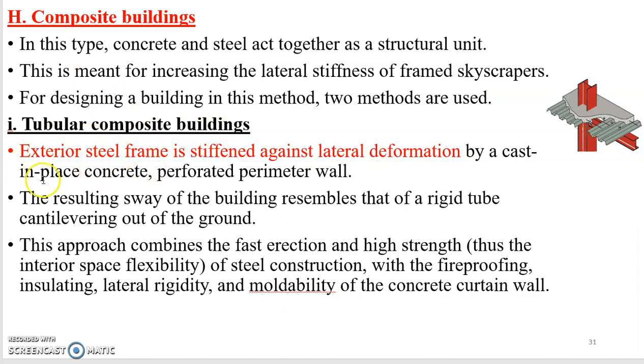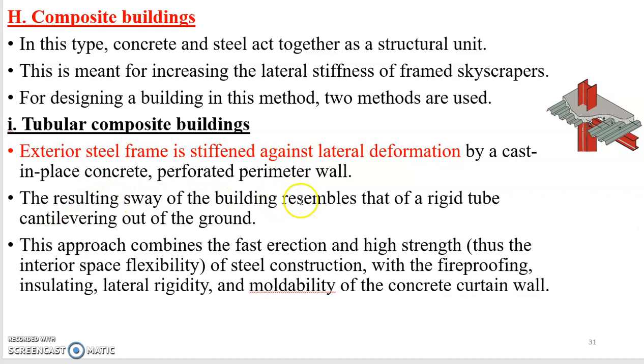Exterior steel: what this means is that the exterior steel frame is stiffened against lateral deformation by a cast in place concrete perforated perimeter wall. That is, a concrete structure is formed and the steel frames are stiffened against lateral deformation all along the perimeter of this concrete wall.